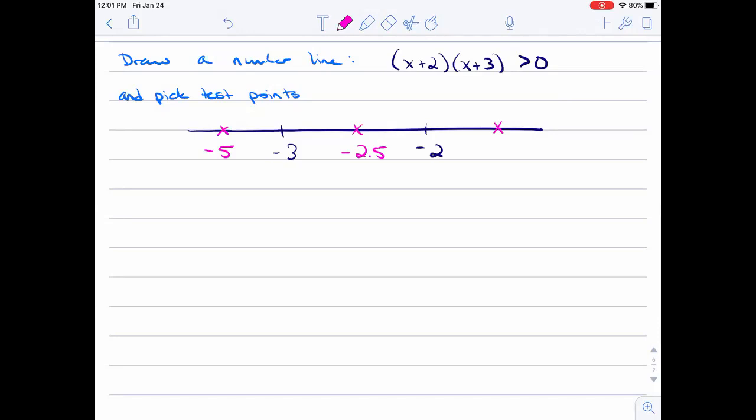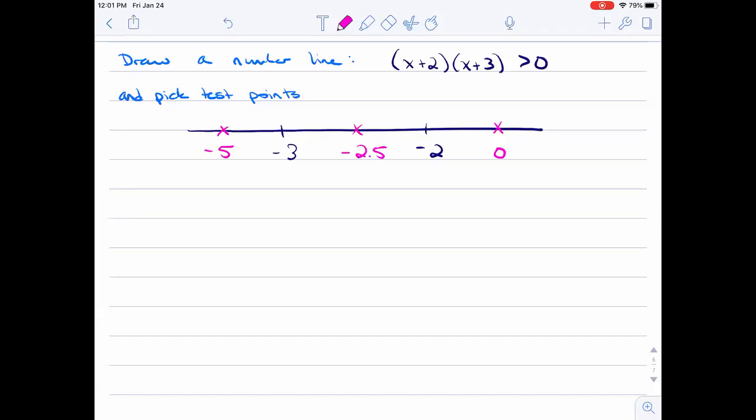And then anything that's greater than -2, whenever I can, I like to pick 0. And so here, I know 0's on this side of -2, because that's always nice, you can see it easily. But like I said, you can pick any value that's kind of nice in those intervals, but you have to pick a test point in each of the sections.